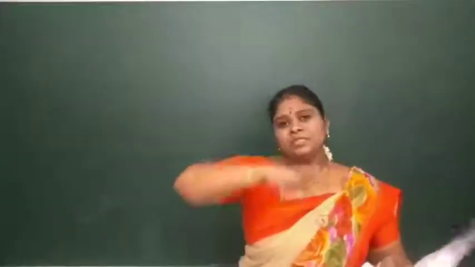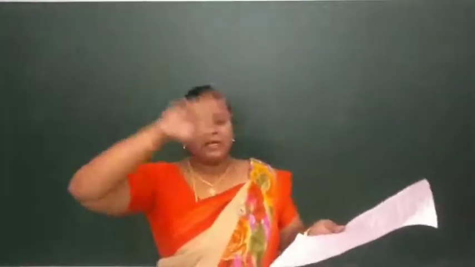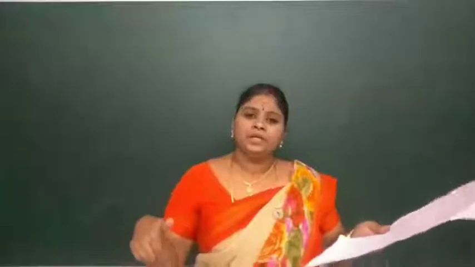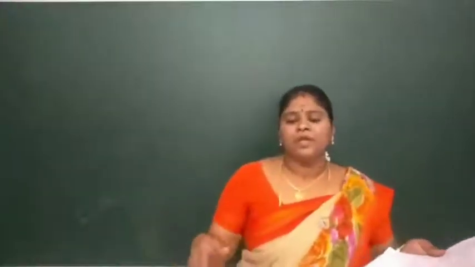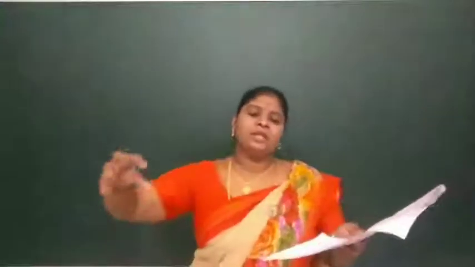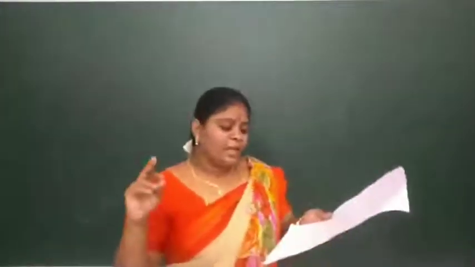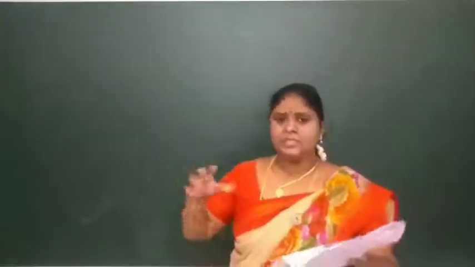As I told you when teaching the chapter, it enters from Pakistan into India through Punjab. Five tributaries enter, so we call it Punjab. A large part of the plain lies in Pakistan.